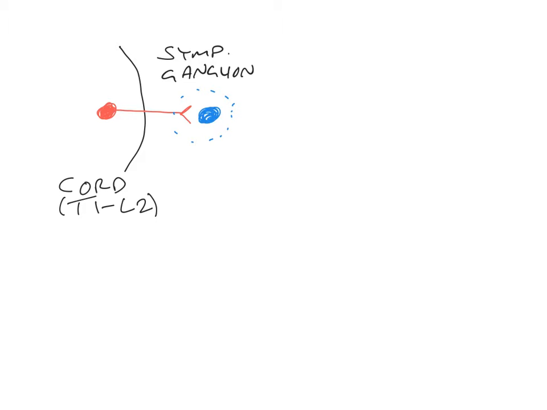We'll see a little later on that some of the ganglia in the sympathetic system are not in the sympathetic chain. They're actually sitting along the aorta, but for the time being we can think of the ganglia as being in the sympathetic chain. So the postganglionic neuron then has a relatively long unmyelinated axon, in contrast to the preganglionic neuron, to contact its target.